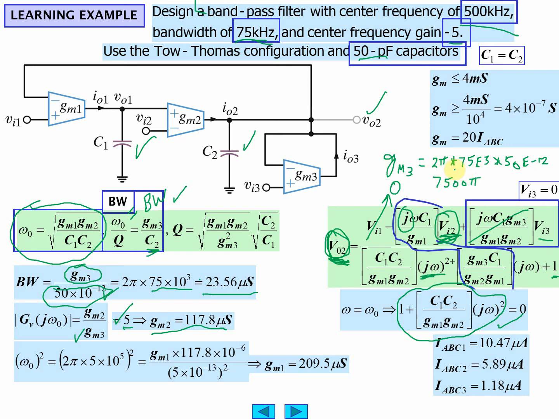So that's 2 pi times 75 times 50. 50 times 2 is 100. So 7,500 pi. And then now we have to take care of the exponents. E negative 9, 7.5 E negative 6 is GM3. And then figure out the current for that.